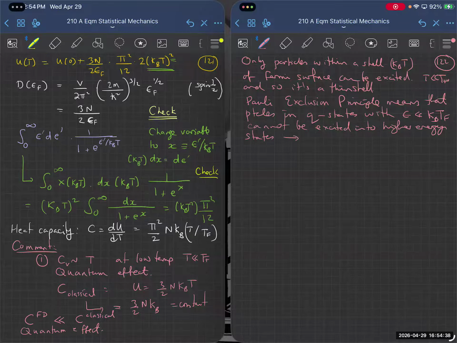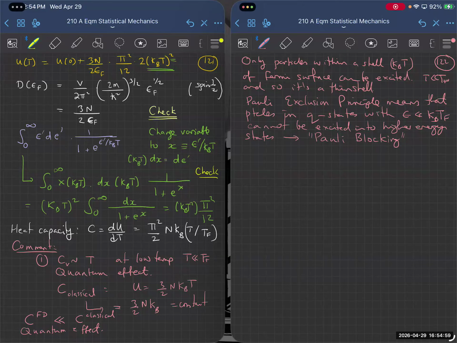And so that's sometimes called Pauli blocking. And so the heat capacity of electrons in a metal goes linearly with temperature. And this is one of the first great successes of quantum statistical mechanics, being able to explain this fact.